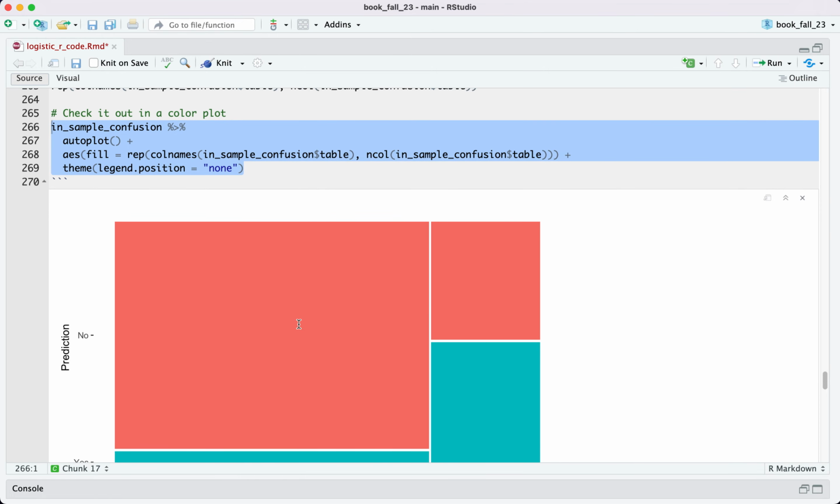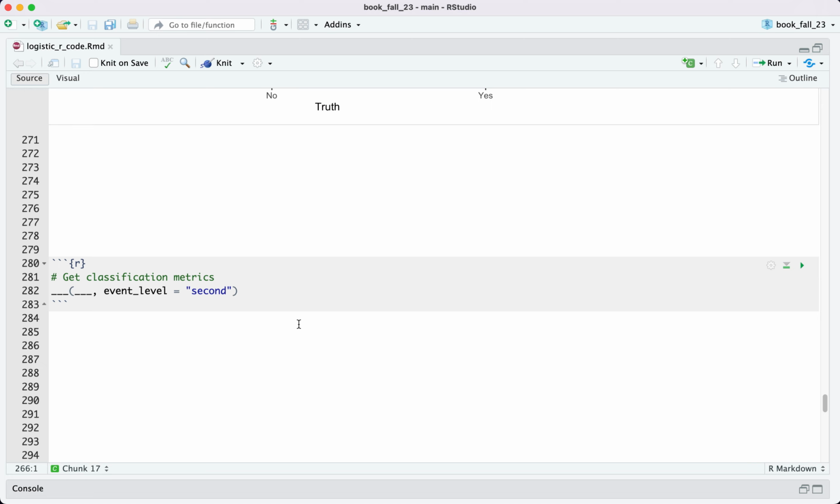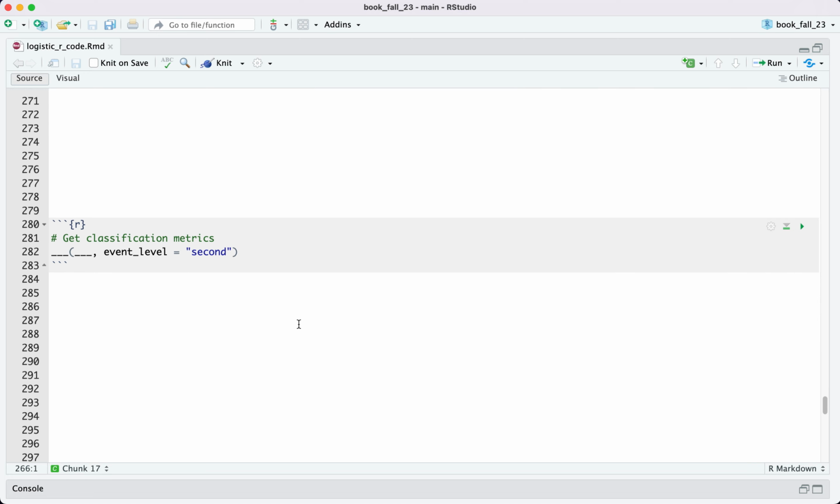So again, this mosaic plot is just a visual of the confusion matrix. We also want to be able to look at the confusion matrix and get information about things like the overall accuracy of our model, the sensitivity, the specificity, and so on.